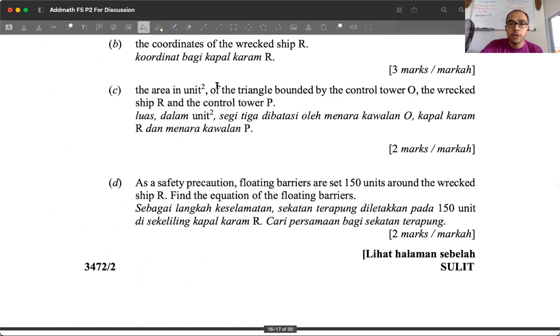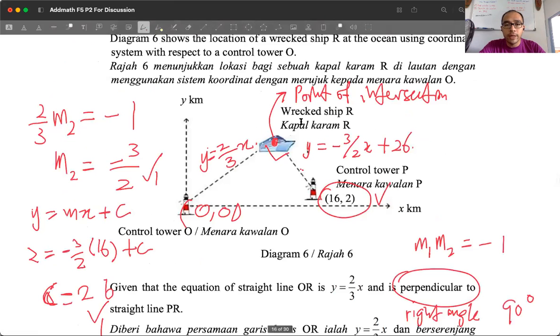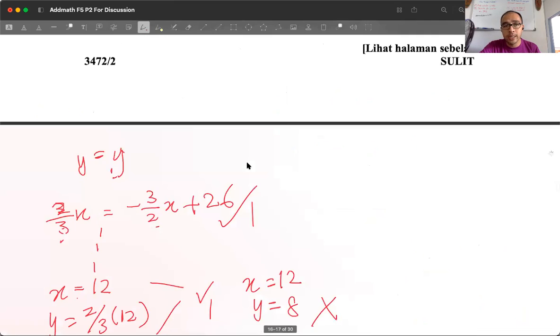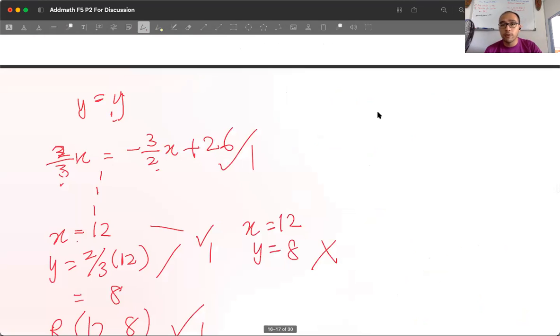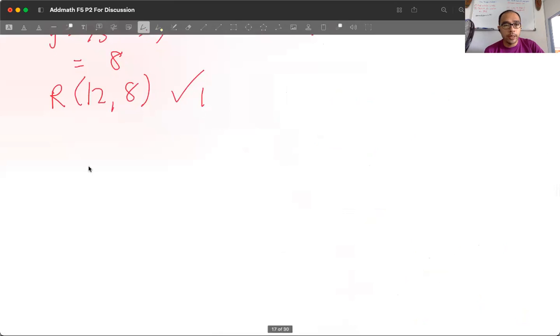Okay, the area in units of the triangle bounded by control tower O, the rect shape R, and control tower P. So you have these coordinates: 0, 0, 16, 2, and rect shape R. You want to find the area of the triangle. For the area of the triangle, we can use the formula that we used before. Area equals half.